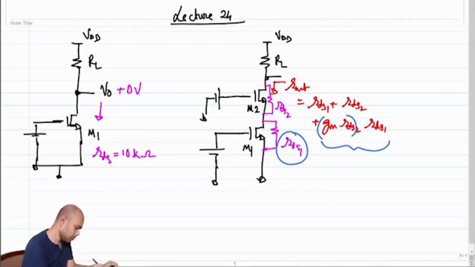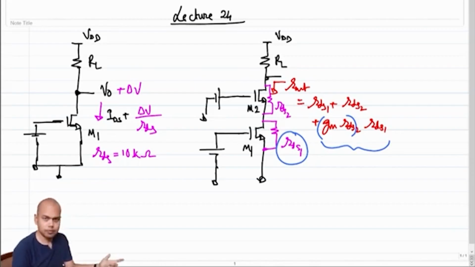This current changed from IDS to IDS plus delta V over RDS. That essentially was the incremental current, that is, incremental current is basically incremental voltage divided by the incremental output impedance, and that's what this is.